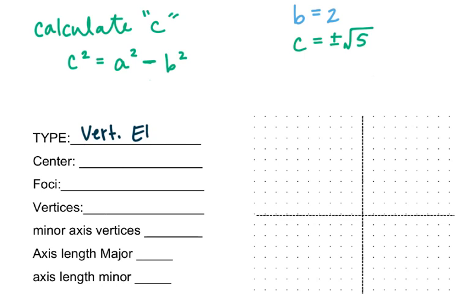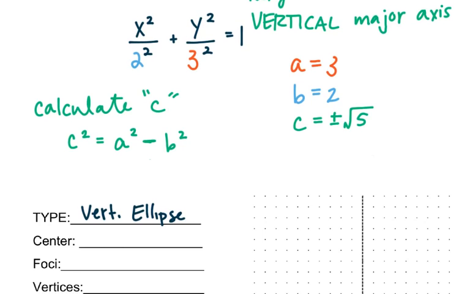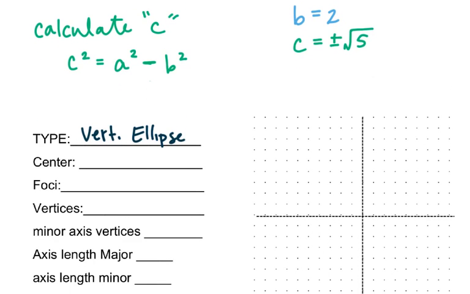This is a vertical oriented ellipse. Now, in this case, there's no x or h or k value added to that x or y. This ellipse is centered at the origin 0, 0.